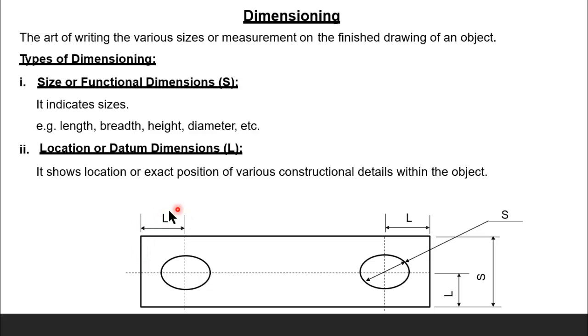So that indicates the position of the center with respect to this side or edge. So this is called location or datum. See over here also, the center is at a distance L from the side edge, and a distance L from the bottom edge. These are the two kinds of dimensions that will be used.